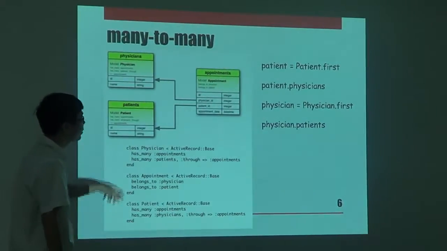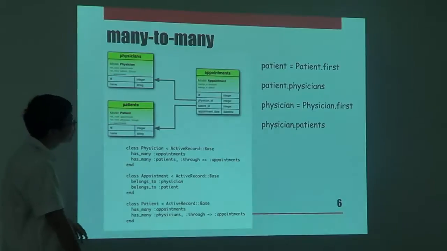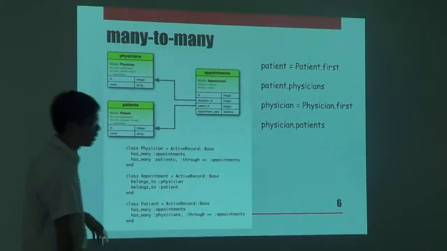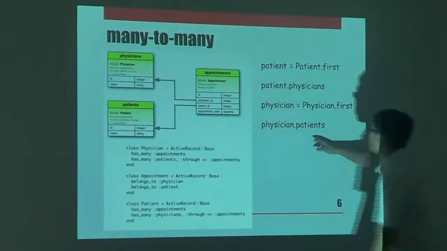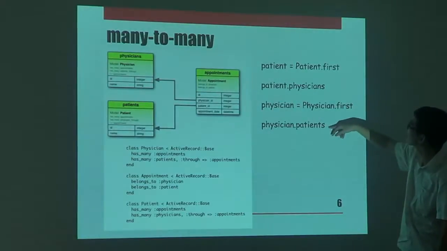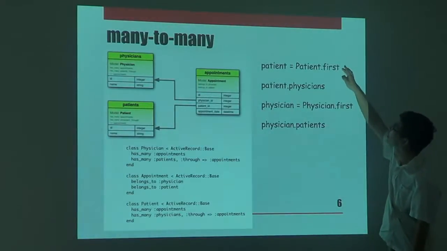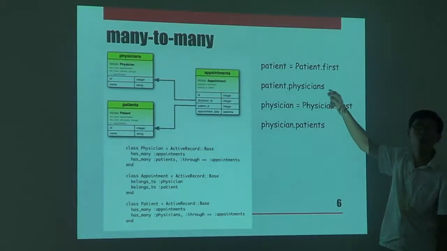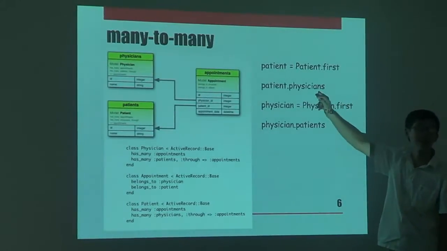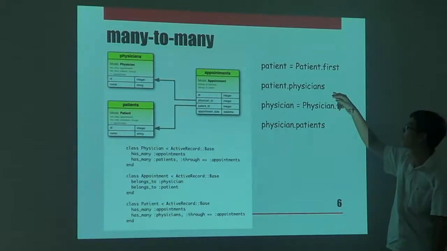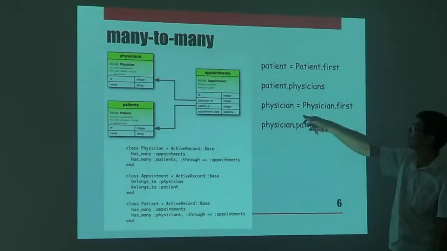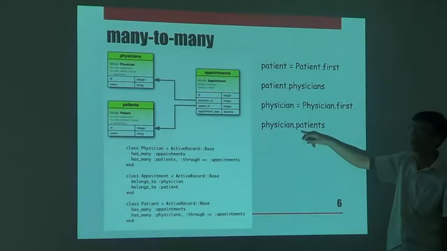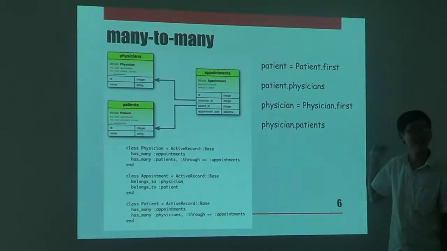And when you define something like this, you can access both of them. Like if you have a patient, you can find the physician who this patient has a problem with. And on the other hand, for a physician you can find the patients they are taking care of.